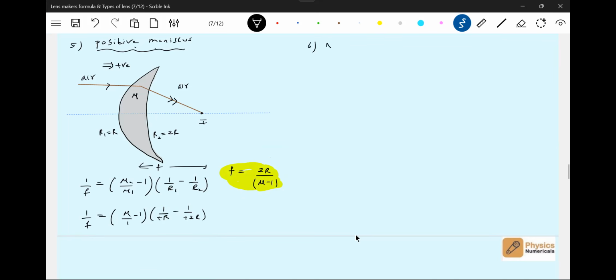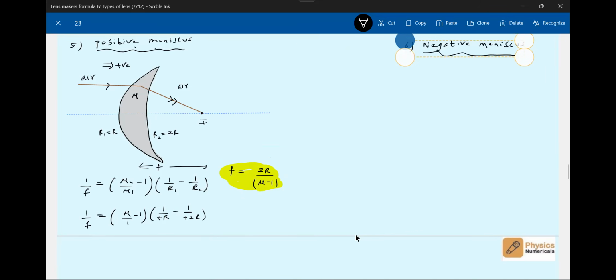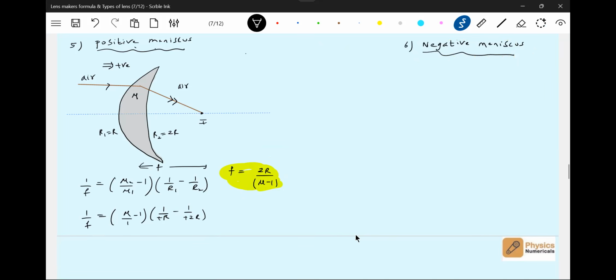Next, it will be negative meniscus. Next, a few things like, if suppose say it is like this, there's some small information which will help you a lot.